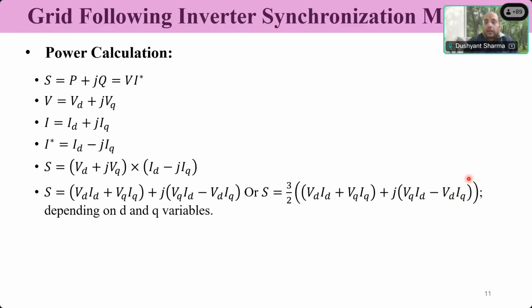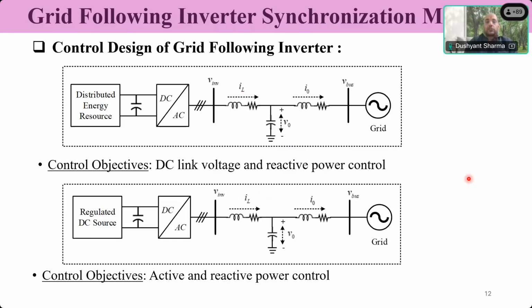All right. So how do we do this? Now comes a very basic concept. You see here, we have the point of common coupling. We have denoted it by a variable V bus. If you make a small assumption that we have an LCL filter, usually the second inductor is very small.